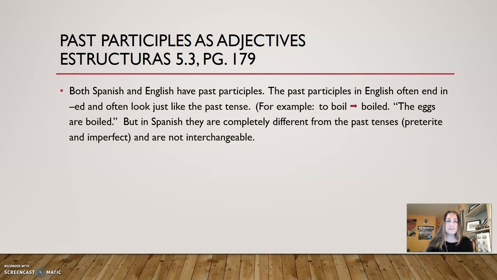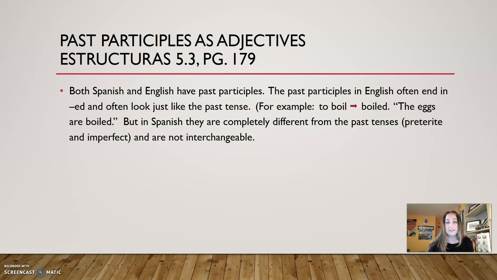So, past participles. Both English and Spanish have past participles. The past participles in English often end in -ed, and people often, when they're learning Spanish, confuse the past participles with the past tense, only because in English we form the past tense and the past participles in the same way.